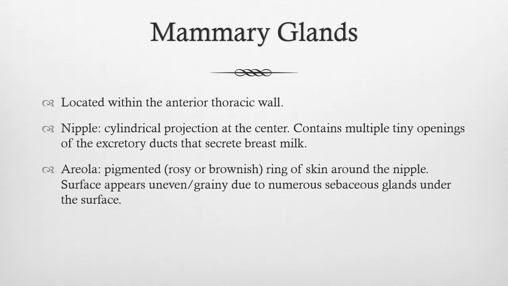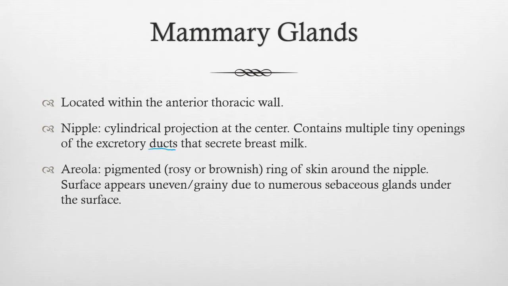For the mammary glands, we have the structures themselves generated by the actual glandular tissue themselves, and that feeds up to the nipple. And so the nipple itself is going to have the openings for all of the ducts for each of the actual glands themselves.